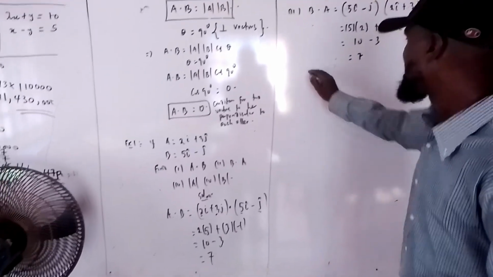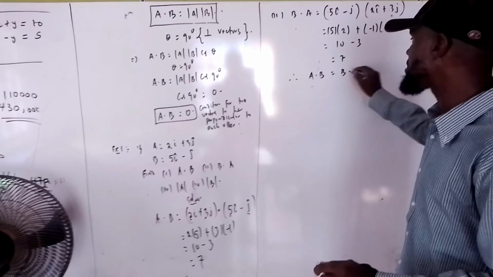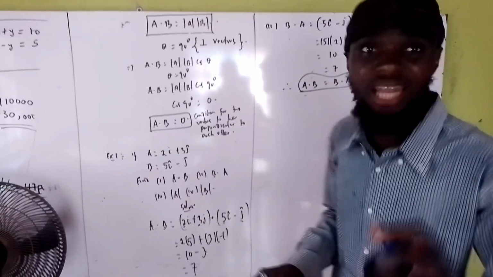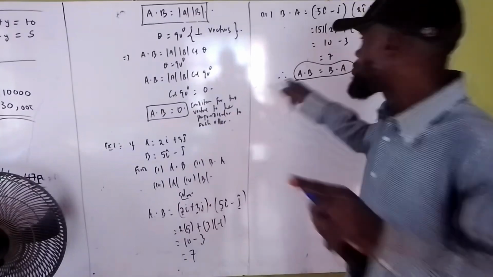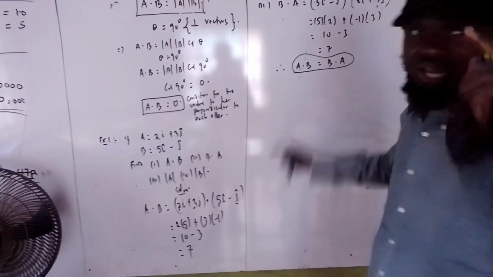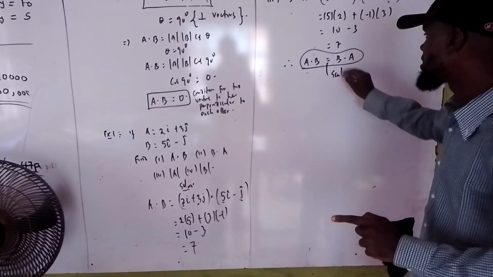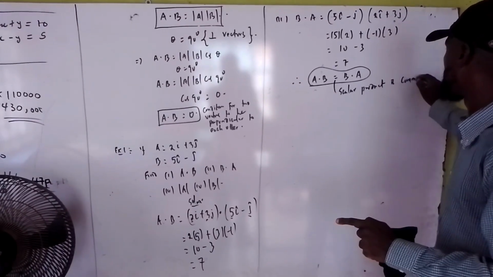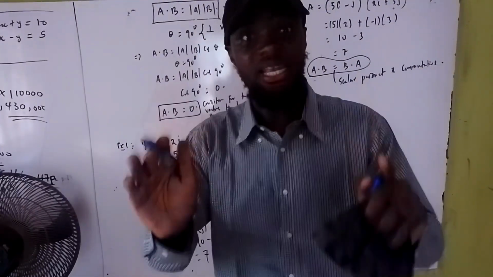You can see that our A dot B is the same thing as our B dot A. This implies commutativity of scalar product. Commutative means you dot A and B, you get an answer, you dot B and A, you get an answer, and both answers are the same. It simply means scalar product is commutative.